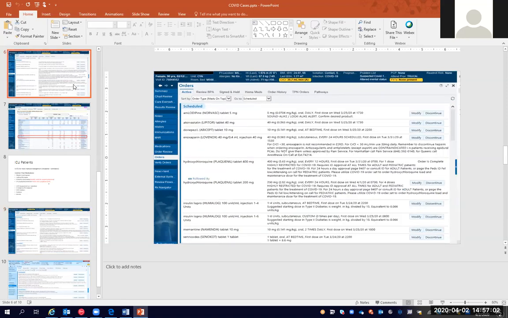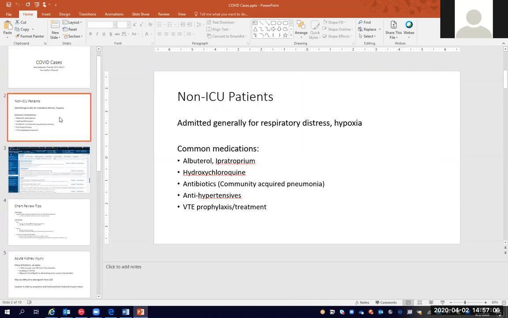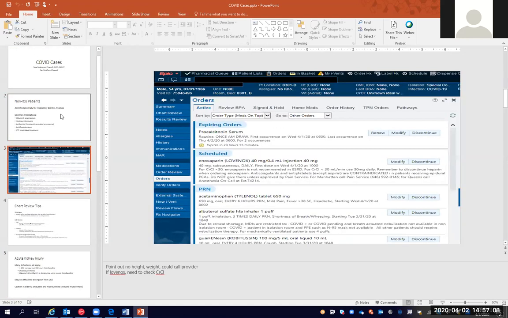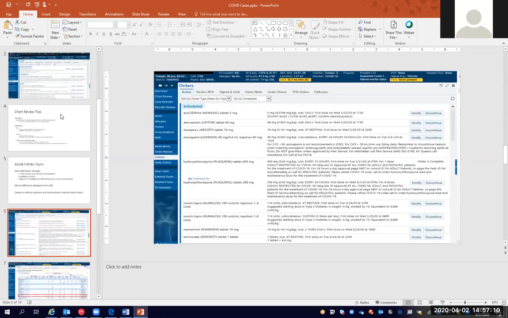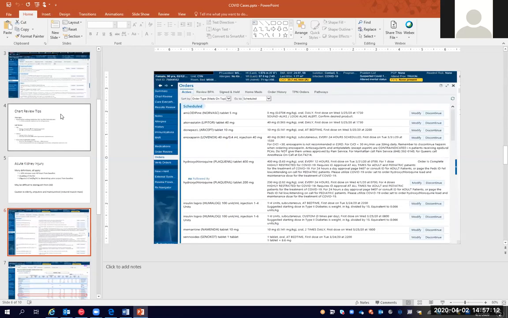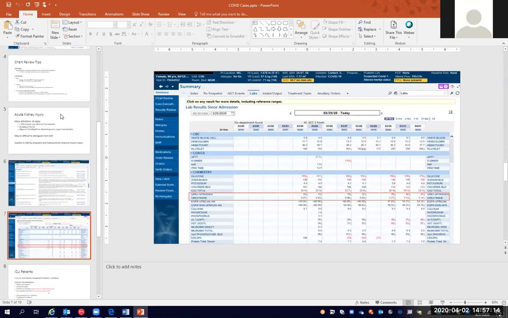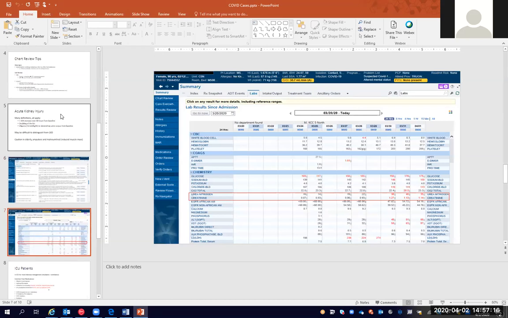But looking at this patient's creatinine, just like Sarah was saying earlier, it came in somewhat normal, but we saw that it had increased well over 30% over the past few days and is starting to come down again. So these are the patients that we want to take extra care of to make sure that the Lovenox is appropriate, because it can accumulate and lead to an increased risk of bleeding.